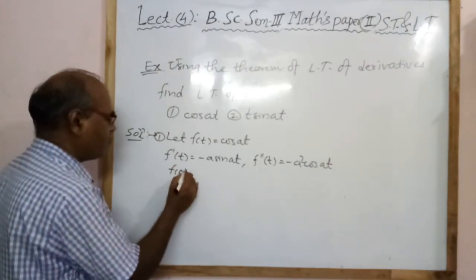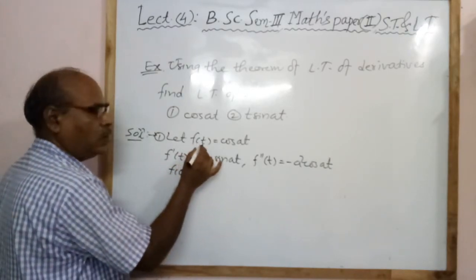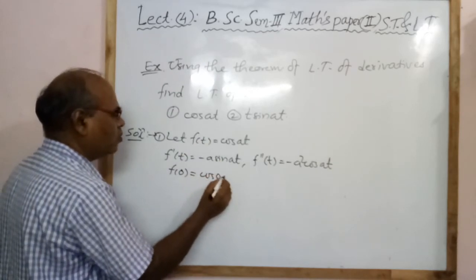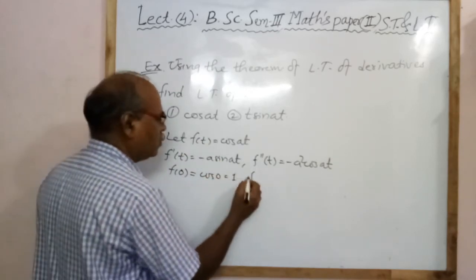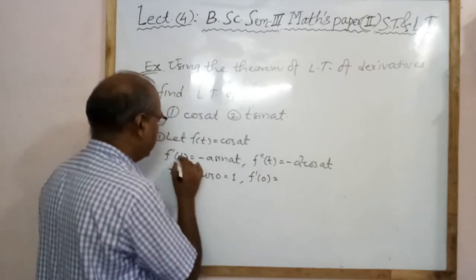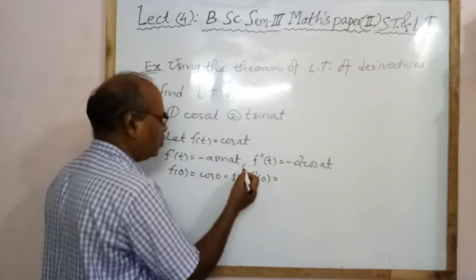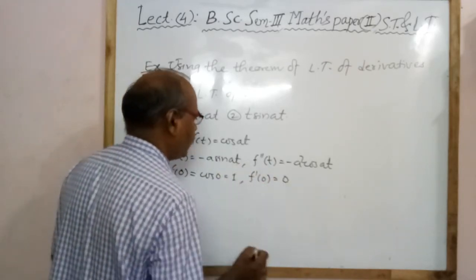Then f of 0, here t equal to 0, cos of 0 is 1. Then f dash of 0, here t equal to 0, sin 0 is 0, therefore 0.